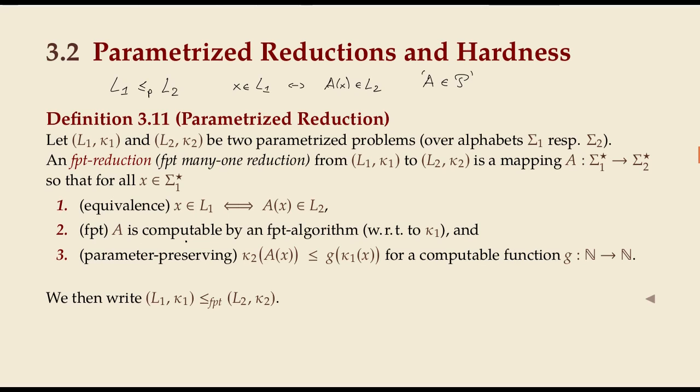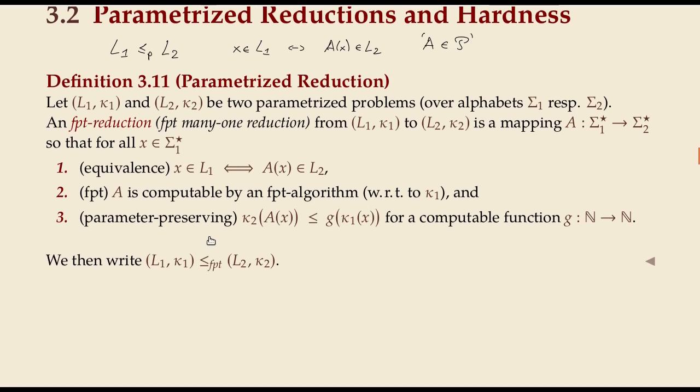Instead we say A is an FPT algorithm, where the parameter is the input parameter of the problem we're making the reduction from. This is also a natural requirement and just naturally corresponds to this requirement from the traditional world.